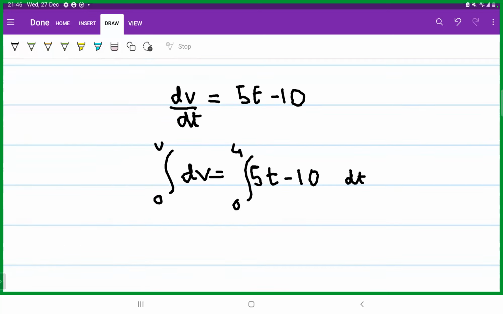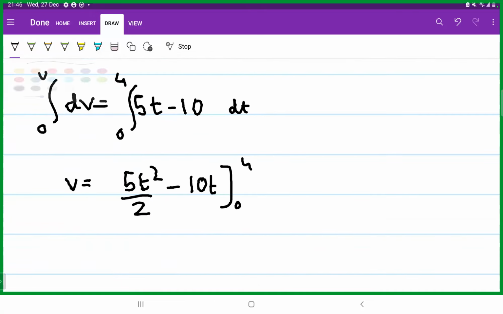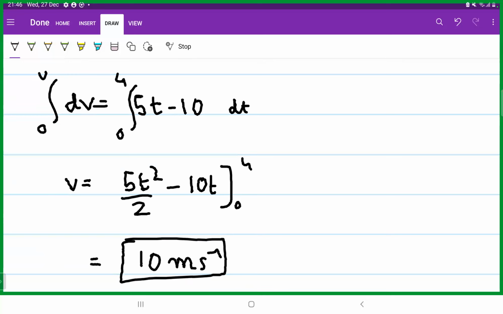So v is equal to 5t squared by 2 minus 10t, with limits from 0 to 4. If you put in the values, you will find that the answer is 10 meters per second.